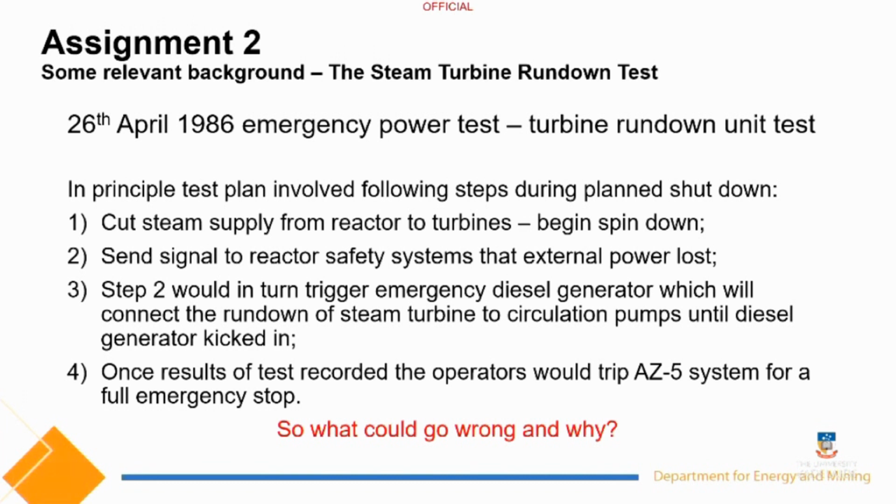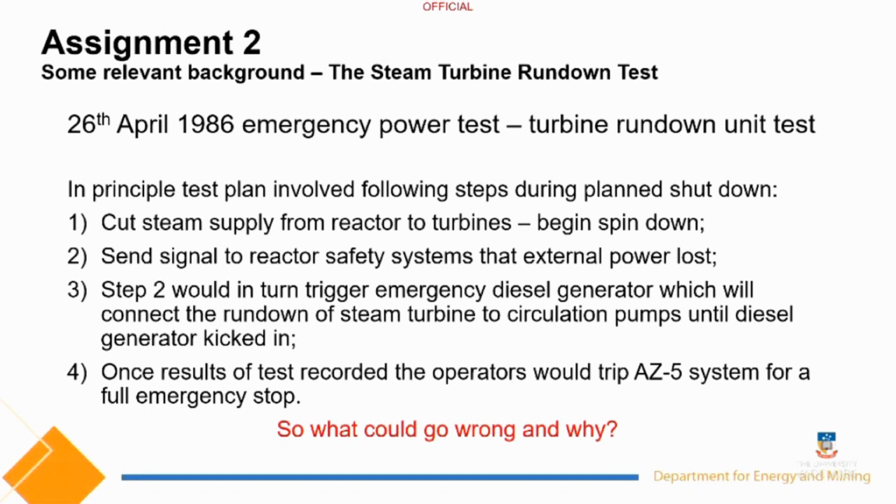So the object of this test was to cut the steam supply from the reactor to the turbines. And that began for the turbines then to start to spin down because they had no more steam, and they were still generating electricity. Send a signal to reactor safety systems that external power was lost.